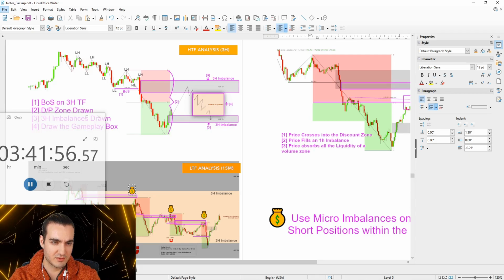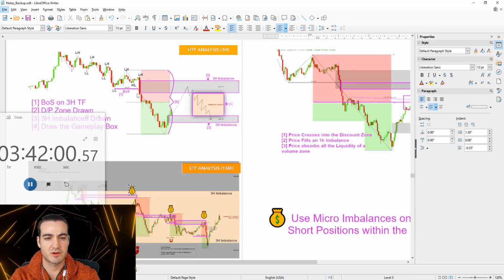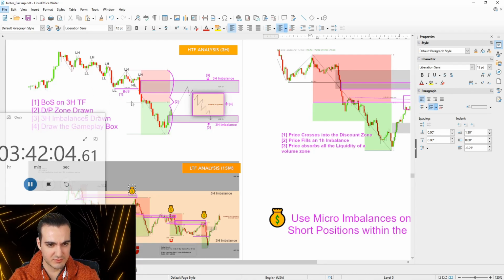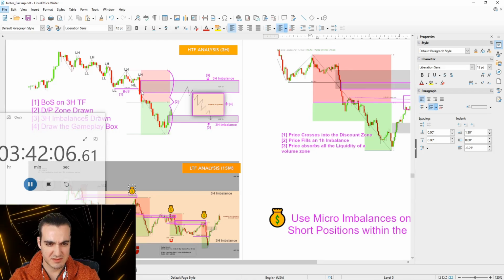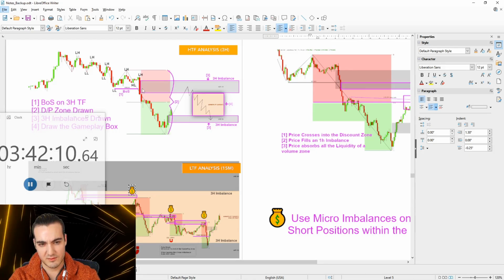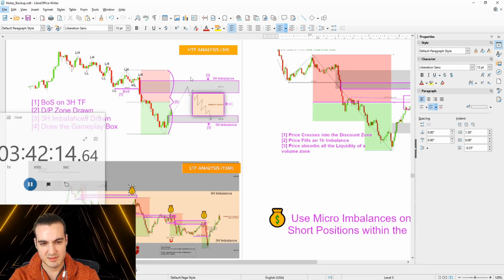Okay, so here we are on the high time frame. We see a series of lower highs, lower lows. Another break of structure comes in here after a very strong candlestick. It leaves a large imbalance in the 3-hour time frame.